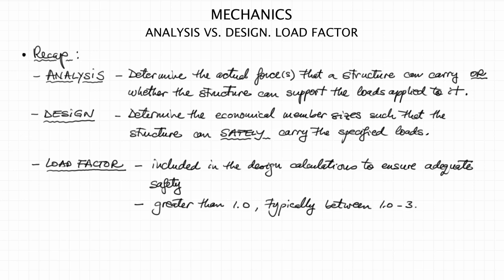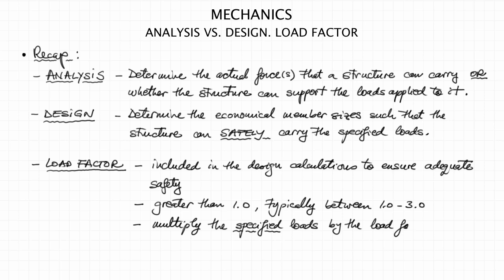The load factor is greater than 1, typically ranging between values of 1 and 3, and is normally used by multiplying the specified loads by the magnitude of the load factor. Hence the specified loads will become factored loads after they are multiplied by the load factor.